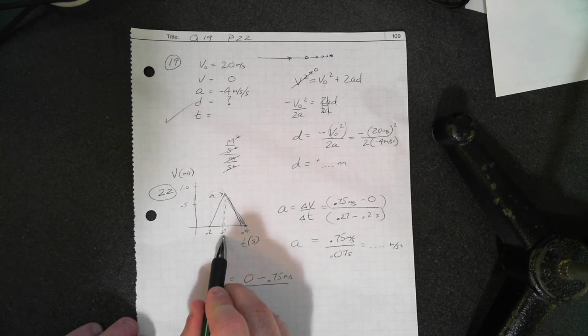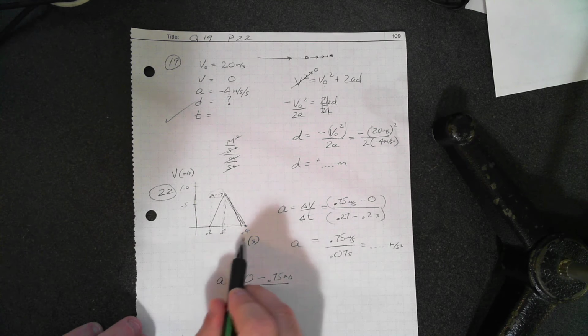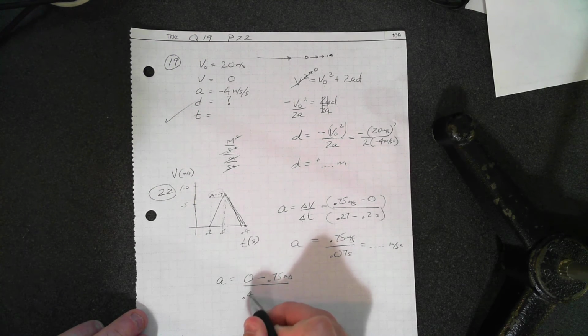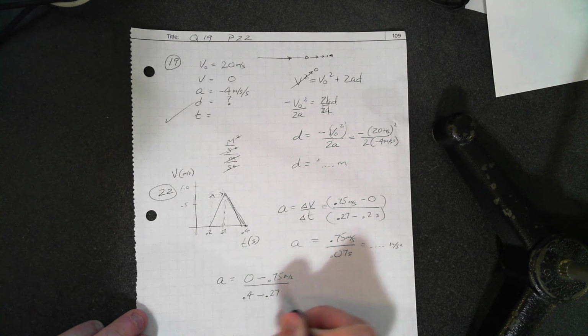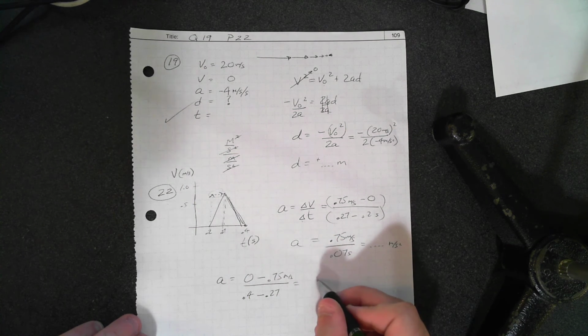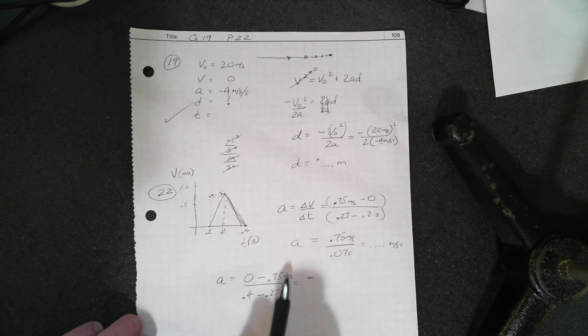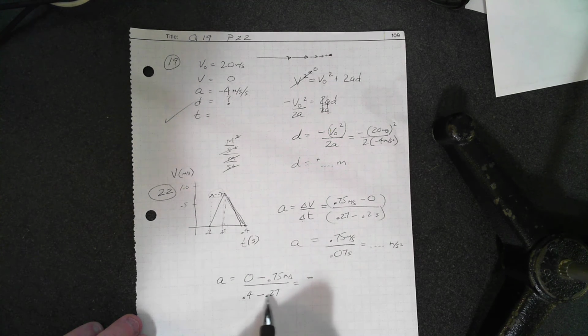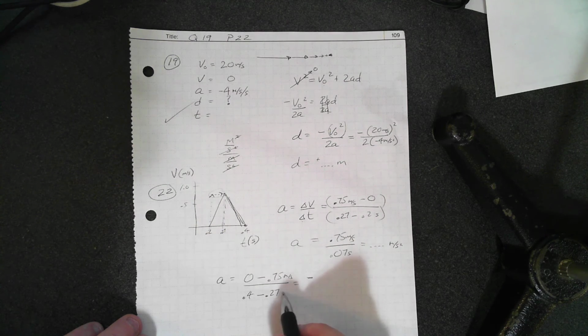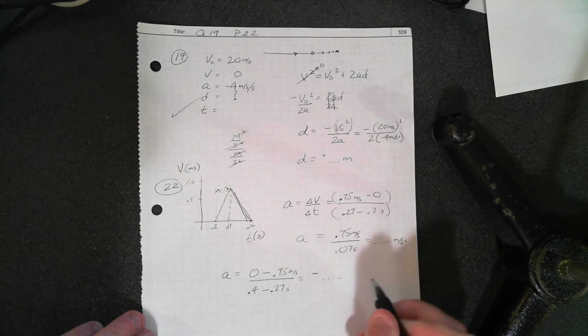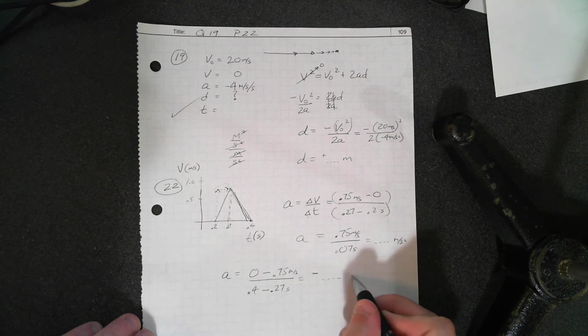Over, well, if this was 0.27, now I've got 0.4 minus 0.27, and you're going to end up with a negative answer here. You're going to have a negative number up top, but a positive number in the denominator. Seconds there. And I'll leave the calculation to you. And it will again be in meters per square second.